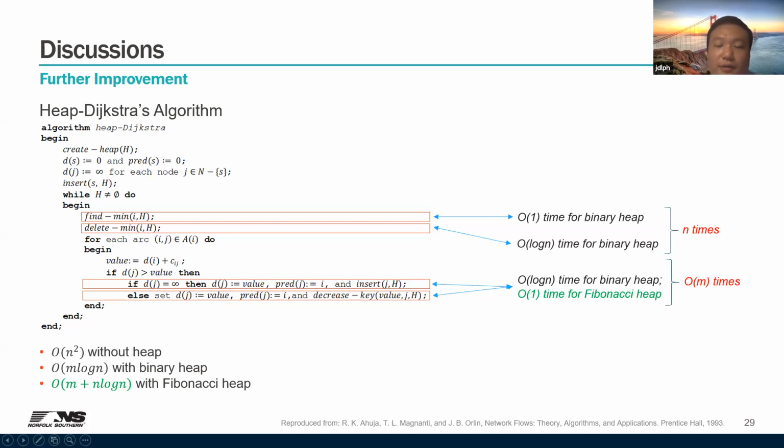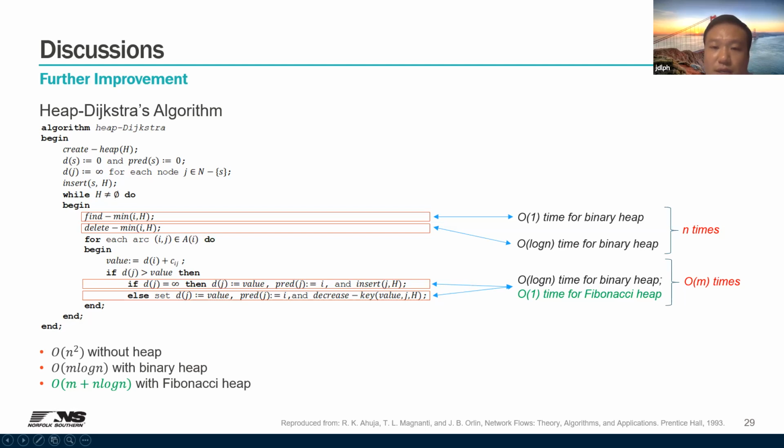There's another, more advanced heap called the Fibonacci heap. It offers better performance on the decrease key operation. Basically, we can reduce the time bound from logarithmic to constant time just for this particular operation.